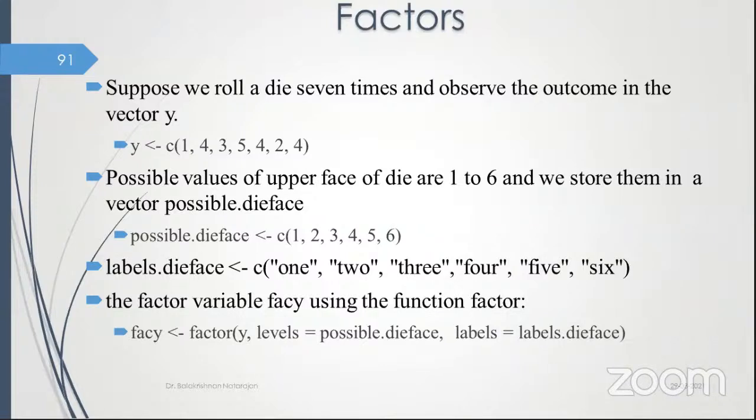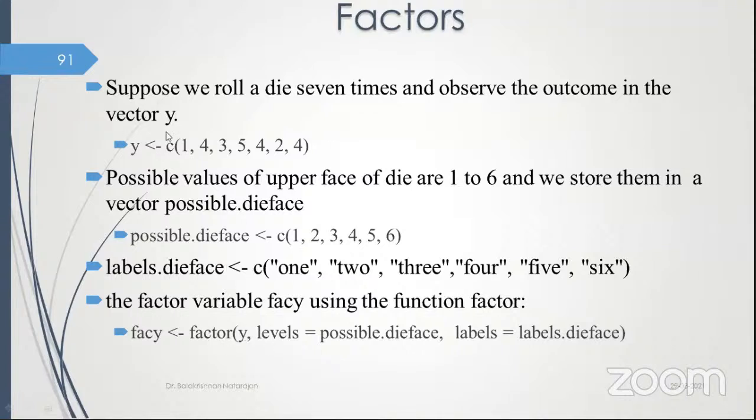You are provided with a dice. If a die is rolled 7 times, you will have the outcomes of that. Normally a dice has 6 faces, mentioned as 1, 2, 3, 4, 5, 6, and for this I'm going to create a factor.